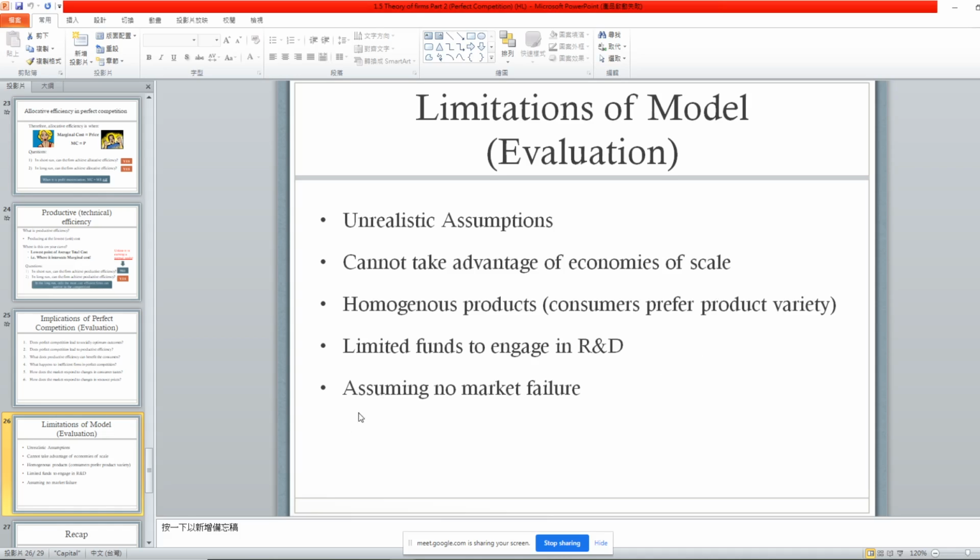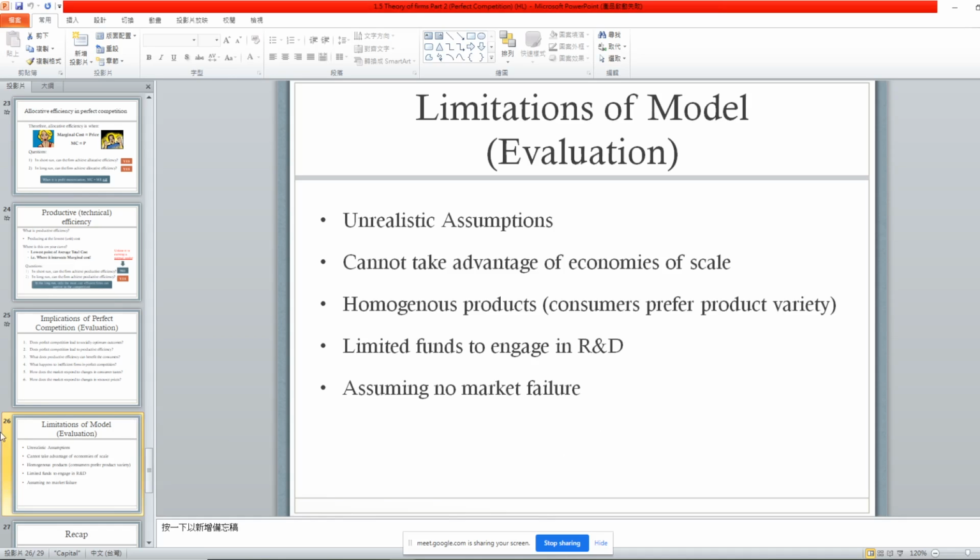We also assume there's no market failure, because when there's market failure, we cannot achieve allocative efficiency. In reality, there is always market failure in so many different markets. That's why this model is so unrealistic.